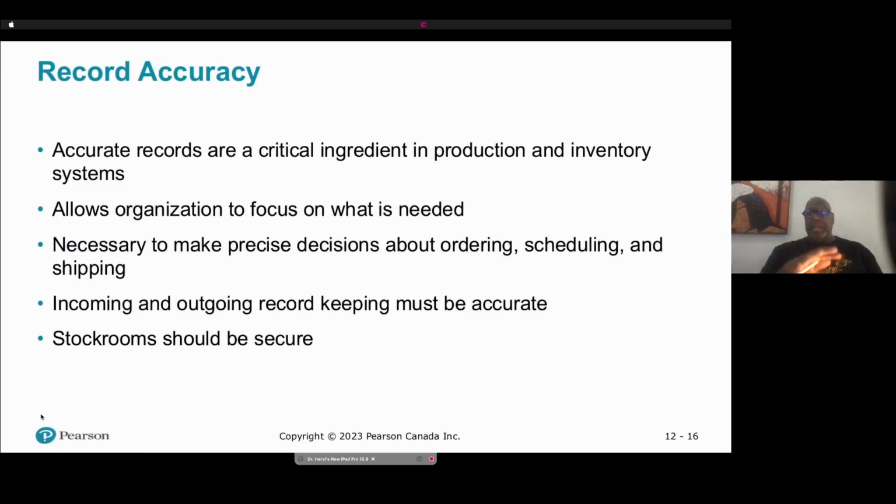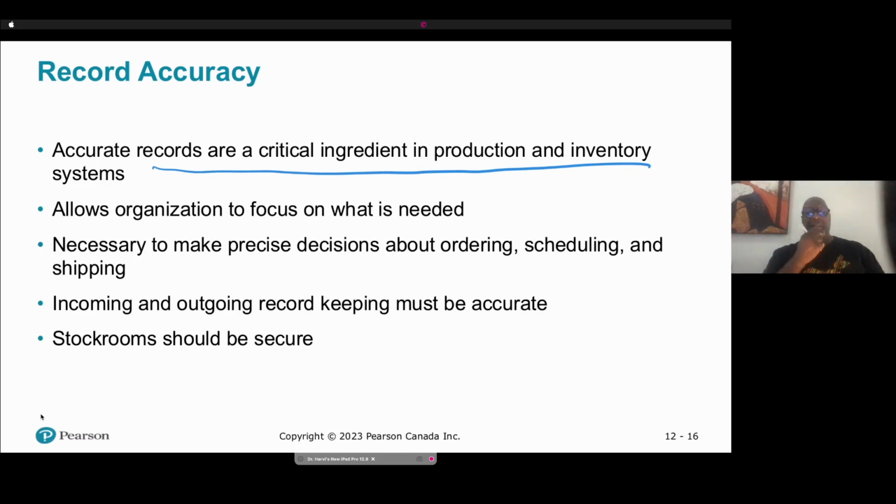Now, keeping accurate inventory records is something that's very important if you want to avoid shortages. But not only shortages, but you also want to avoid excess inventory because it may be fairly costly. So accurate records are critical in production and inventory systems. So the organization can focus on what's needed by ensuring that it knows exactly what it has in stock.